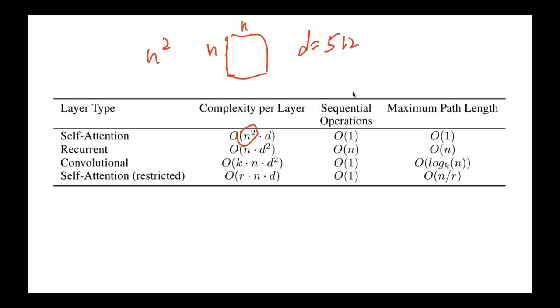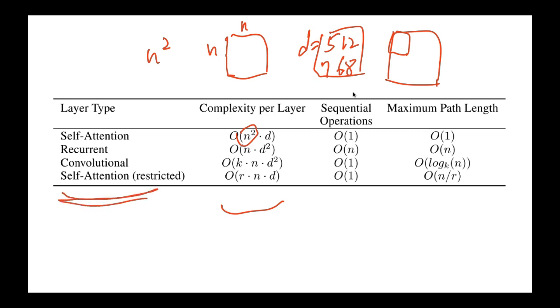Usually you have 512 or like 768. Normally it's much larger than the number of tokens you have. So in normal cases, your complexity per layer will be smaller than the recurrent neural network, unless you are processing a very, very long document. Then you need restricted self-attention, or there are definitely a lot of other solutions, for example Longformer, if you are interested.